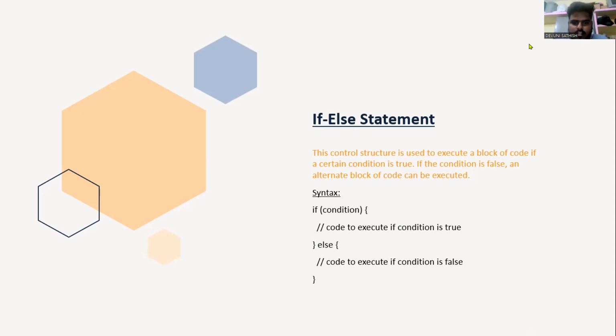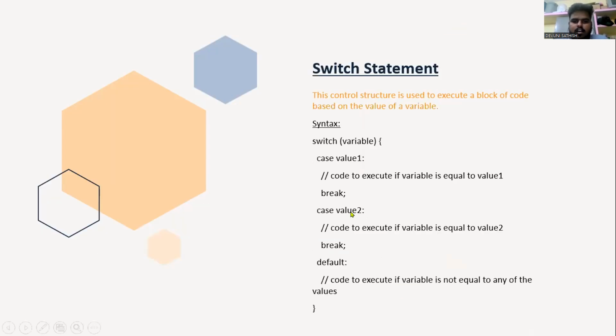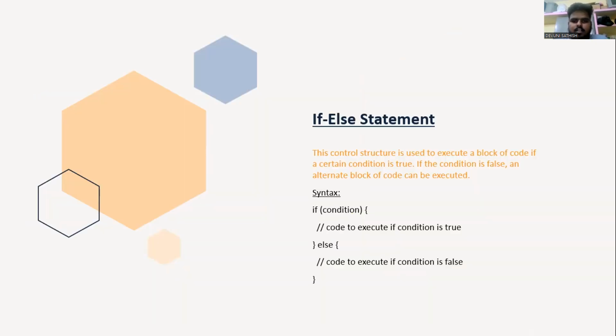I have provided the syntax here: if condition, here we provide the condition. If the condition is satisfied, it executes the if statements. If the condition is not satisfied, it executes the else block.